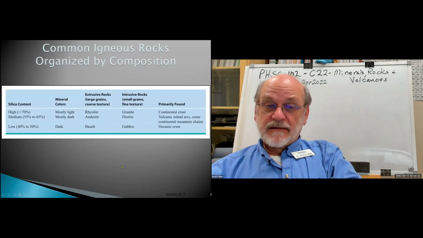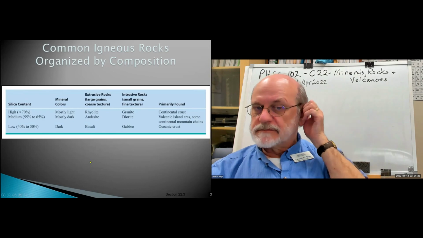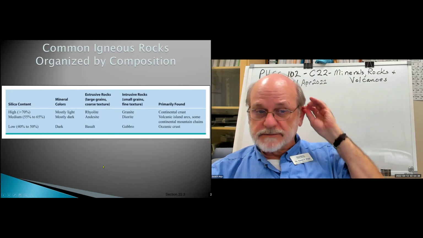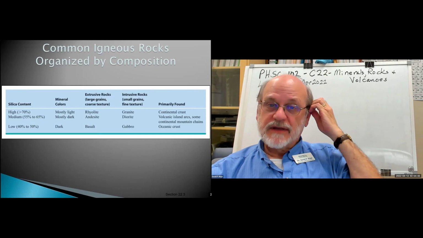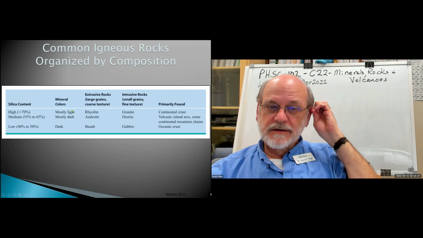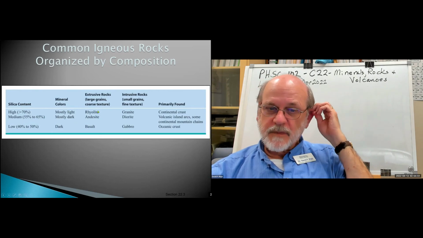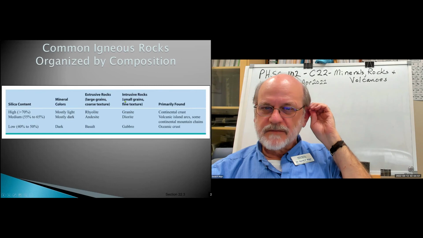Right? So this table puts it all together in terms of how we organize igneous rocks. High silica, low silica, light color high, dark color low silica. Granites, this rhyolite is extrusive rock.